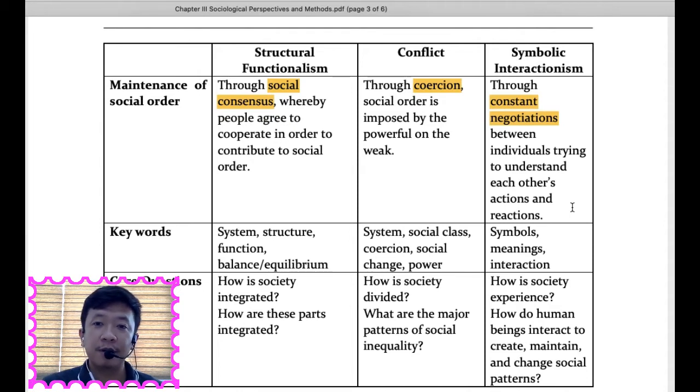Okay? Pero kapag conflict, ang social order ay na-maintain because a very powerful group will continue to threaten weaker groups that if they behave poorly or if they behave unexpectedly, punishment will follow. And surely in that moment, they will become losers.